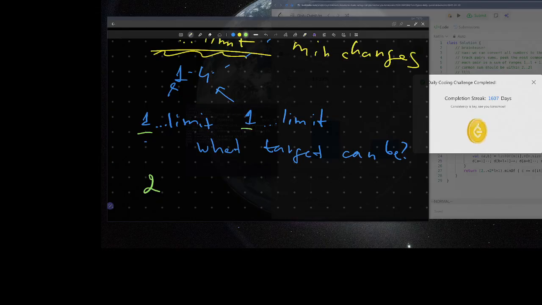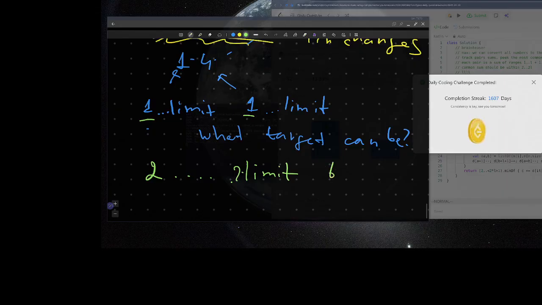And the maximum is limit plus limit, 2 times limit. So this is a target if we just blindly change both values.